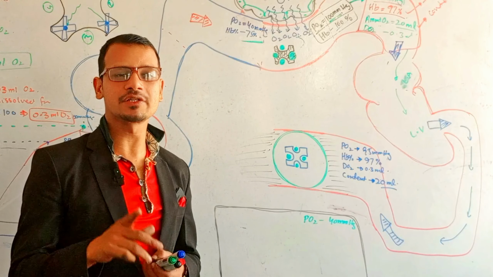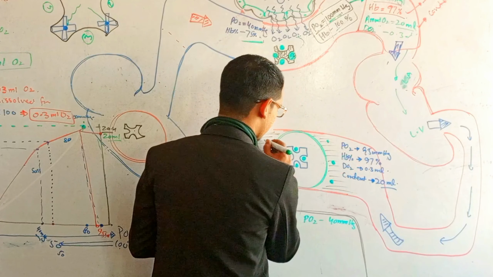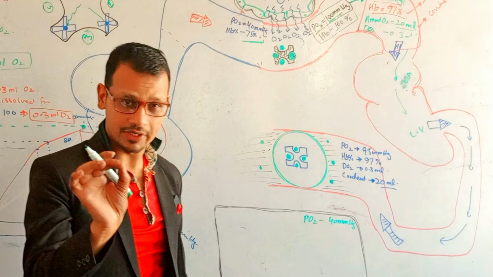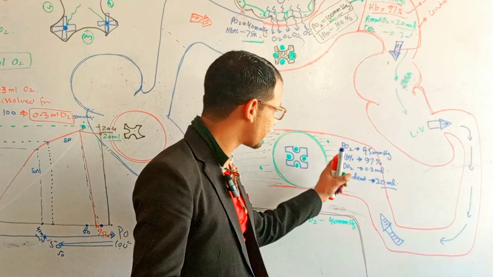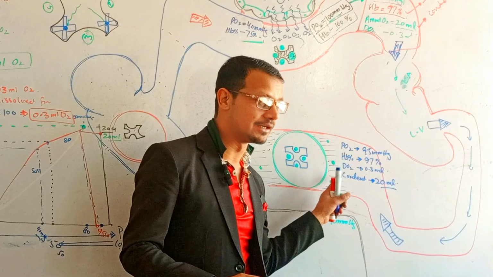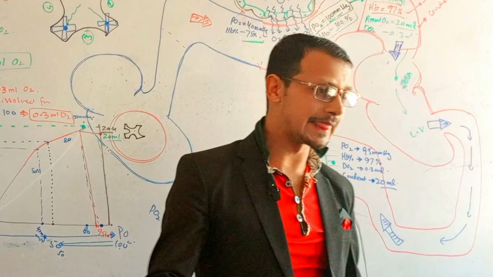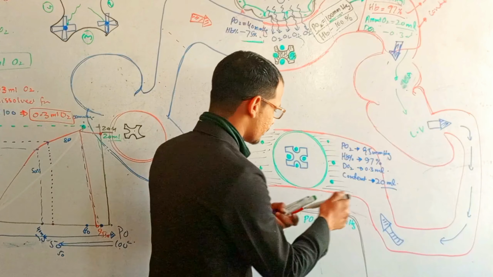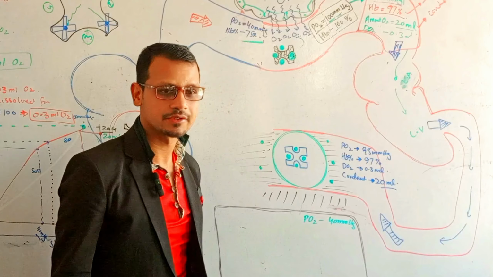And 0.3% oxygen is already present in plasma in dissolved form. This is a very low amount, 0.3, but this is very important because this partial pressure is maintained by the 0.3% of oxygen. Right? Now here this is the extracellular space.